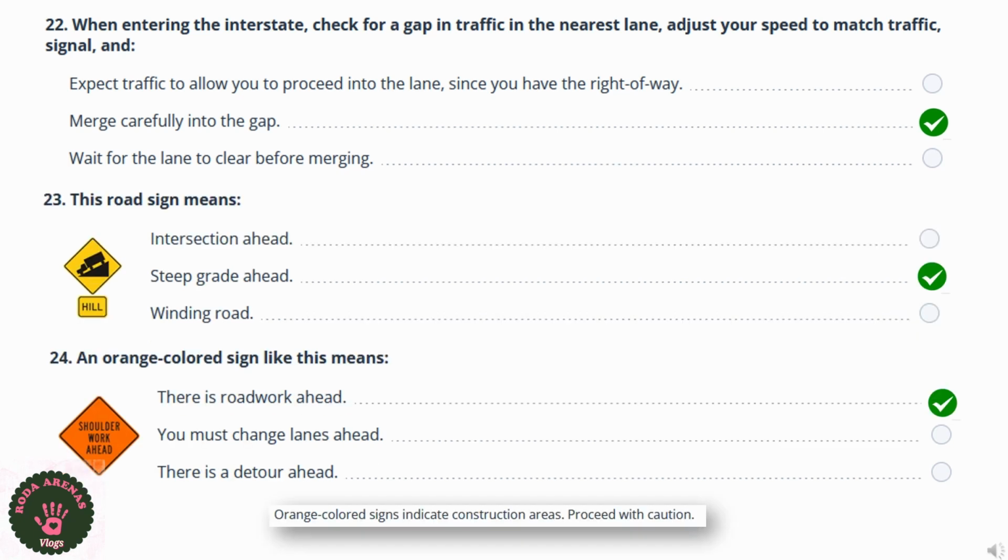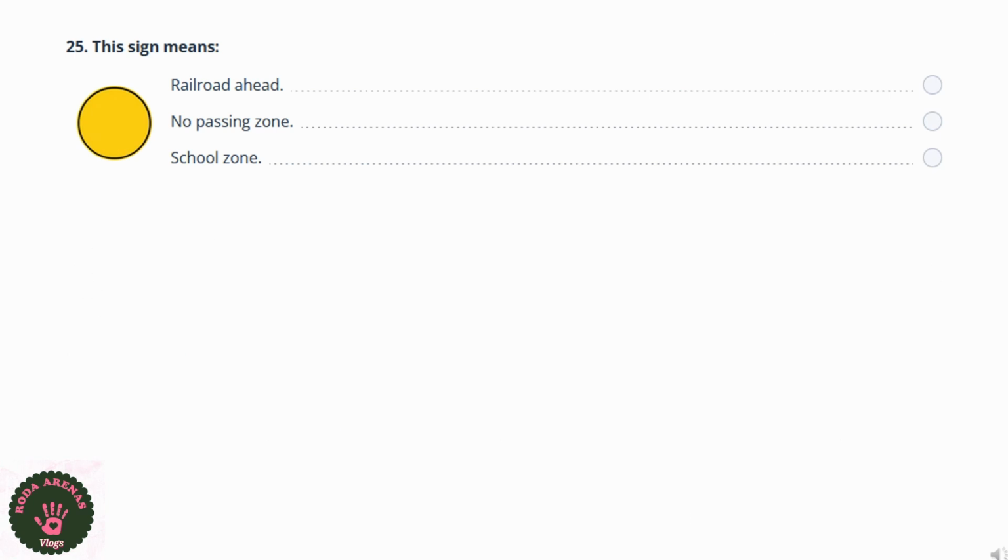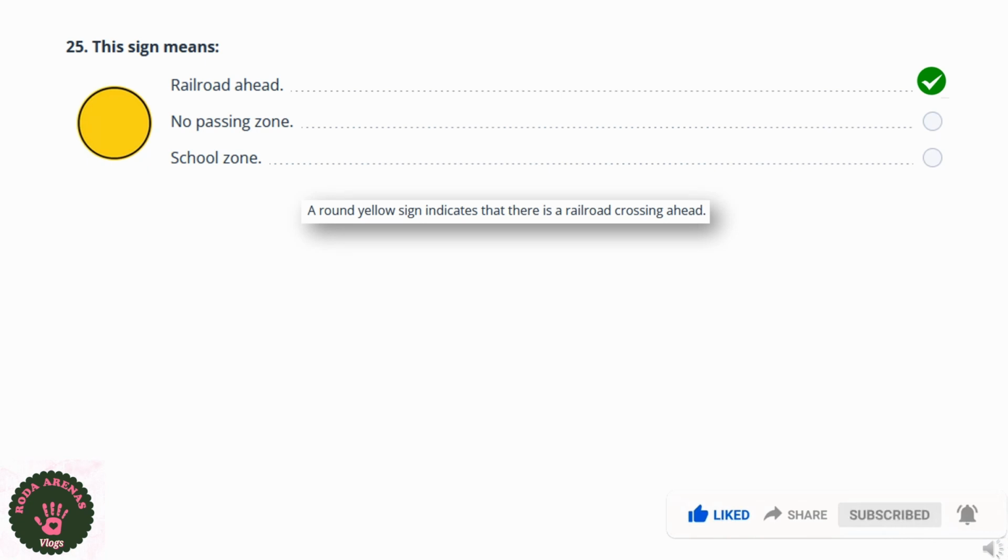The correct answer is there is road work ahead. This sign means railroad ahead, no passing zone, school zone. The correct answer is railroad ahead.